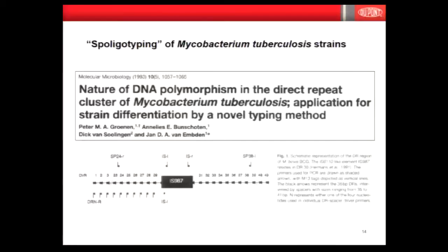Then CRISPR has been used a lot for typing of bacteria of medical interest, and notably Mycobacterium has been genotyped using CRISPR with an approach that has been named spoligotyping. So it was based on DNA hybridization with probes corresponding to the spacers. And if I'm correct, more than 100 spacers, 100 probes, were used to classify and to differentiate strains of Mycobacterium.